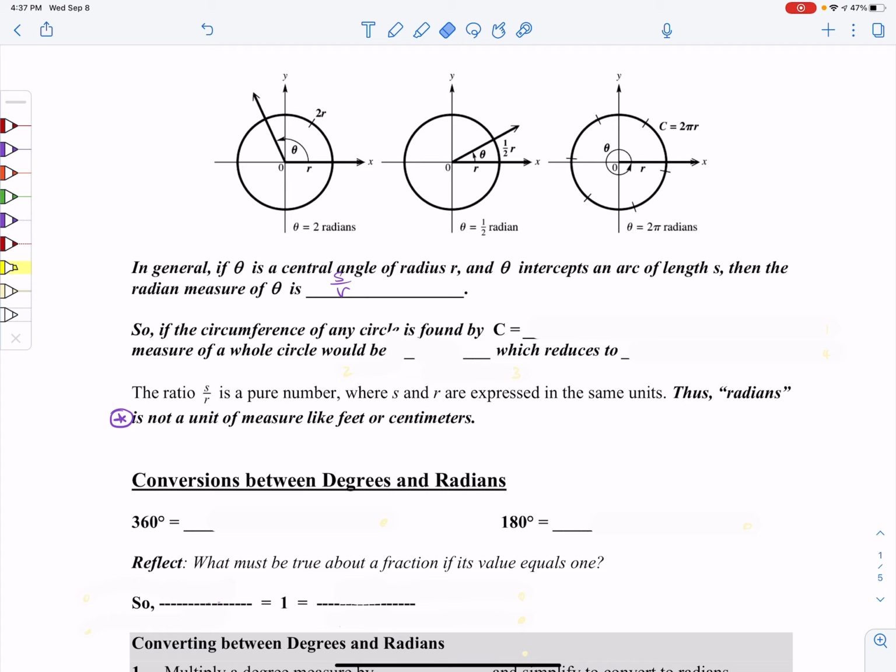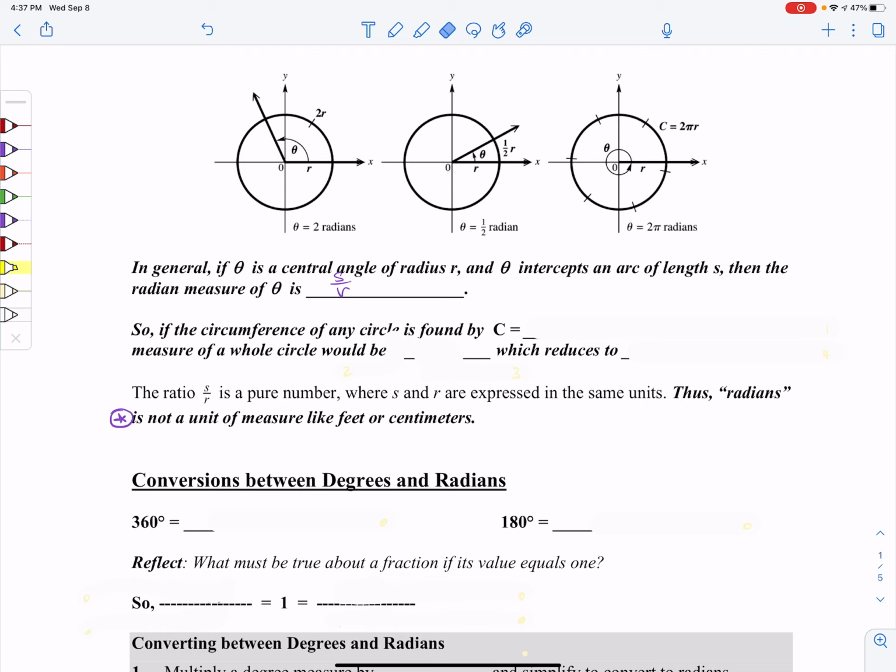The arc length we're calling s, the radius we're calling r, and the central angle we're naming theta.